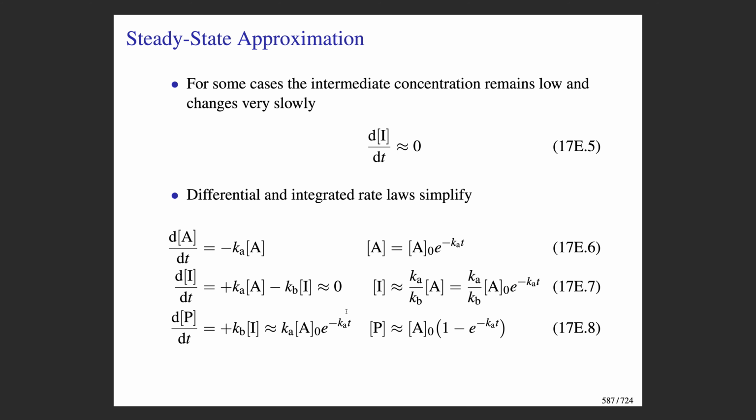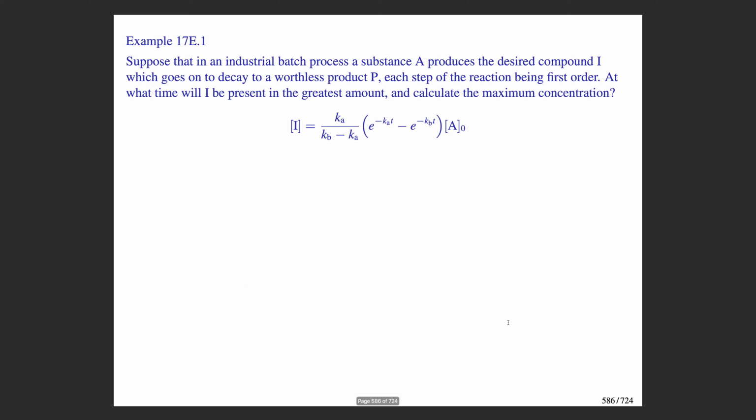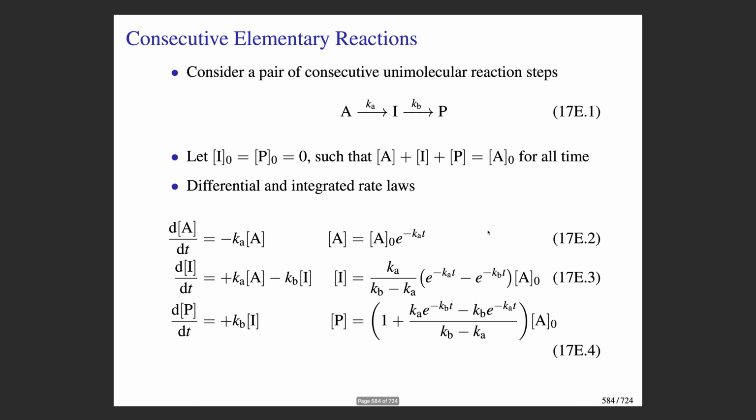It also allows you to simplify the expression for the product. It gives you this expression for the derivative of the product concentration with respect to time, which you can then integrate to give the time dependence of the product's concentration. If you compare these equations to these equations, you can see that the steady state approximation indeed simplifies them.